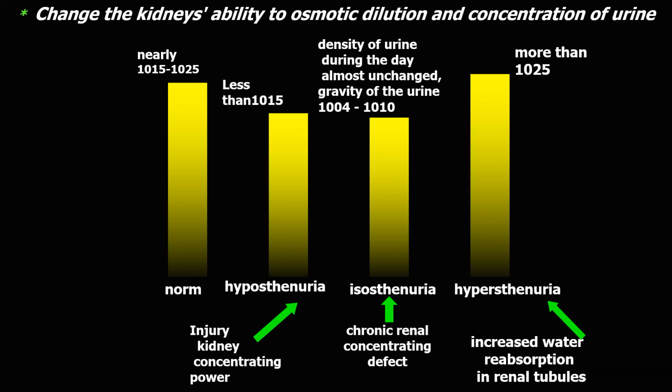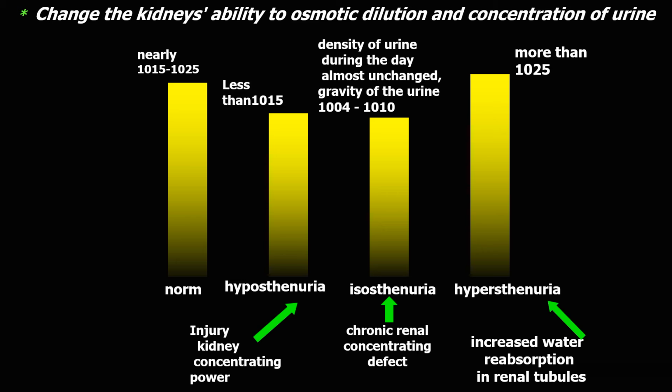Change of the kidney's ability for osmotic dilution and concentration of urine forms a change in urine density, which may be normal, hypostenuria, isostenuria, or hyperstenuria. In hypostenuria, density decreases. In hyperstenuria, density increases. In isostenuria, the density of urine does not change. This process develops in chronic renal disorders.